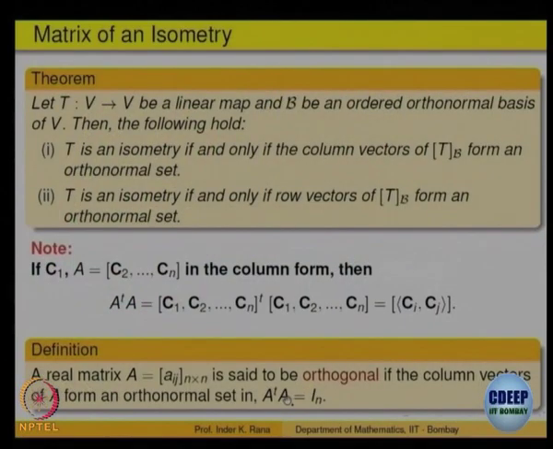So, the matrix of an isometry is an orthogonal matrix. So, you can rewrite this theorem: T is an isometry if and only if its matrix is an orthogonal matrix. But saying the row vectors are orthonormal is the same as saying not only A transpose A is identity, A A transpose also is identity; both are the same.